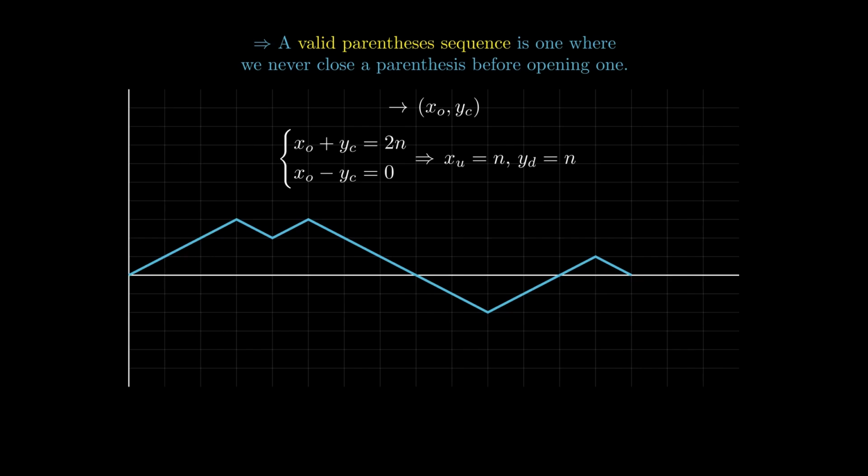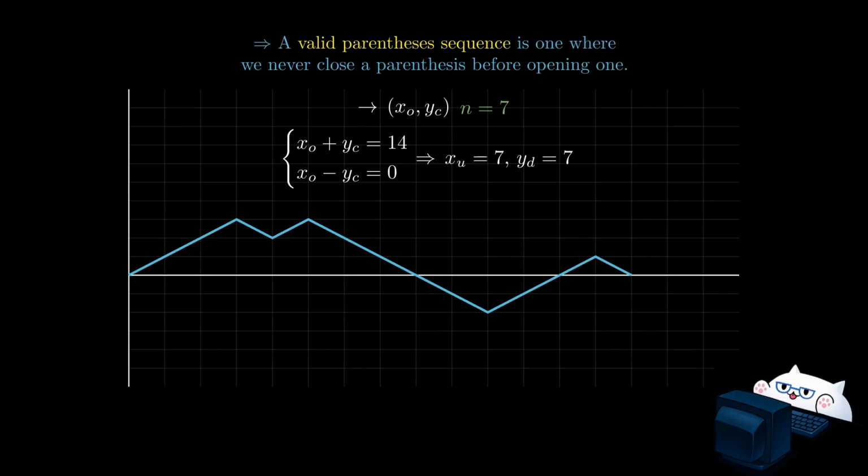For a more concrete example, assume n equals 7. Here, our condition of not closing a parenthesis before opening one directly translates to never crossing the line at c equals minus 1. Applying the reflection principle, we now get our final result as this.